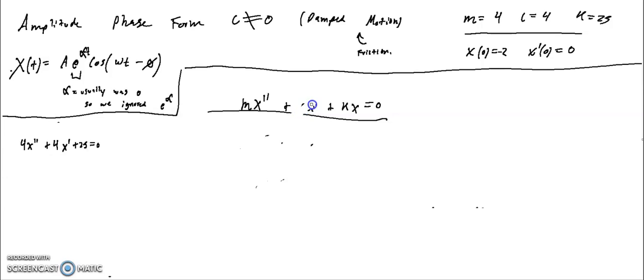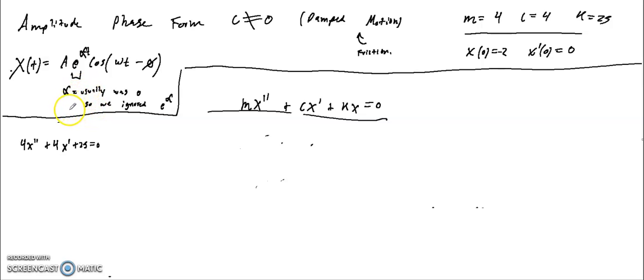But now that c doesn't equal 0, there is some damping. We will consider this cx prime. And if we plug in our constants, we get this equation. But one thing I want to point out is, I actually lied to you.